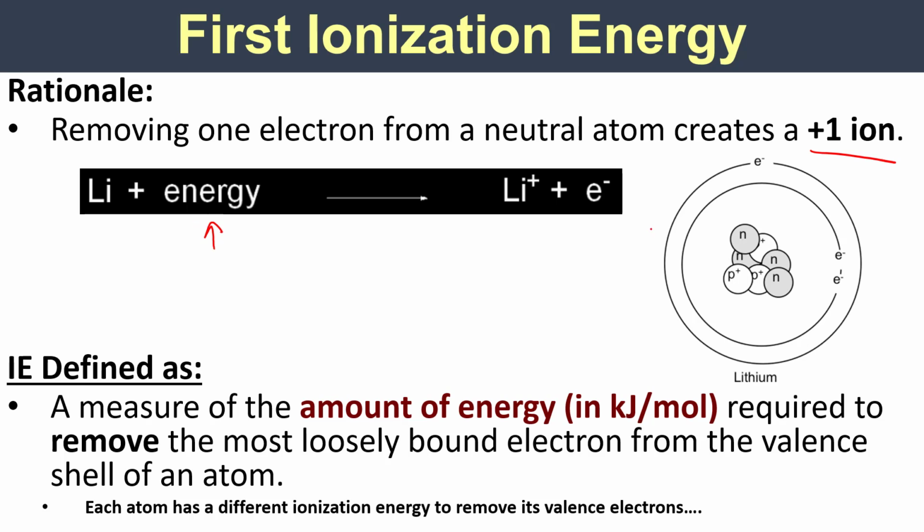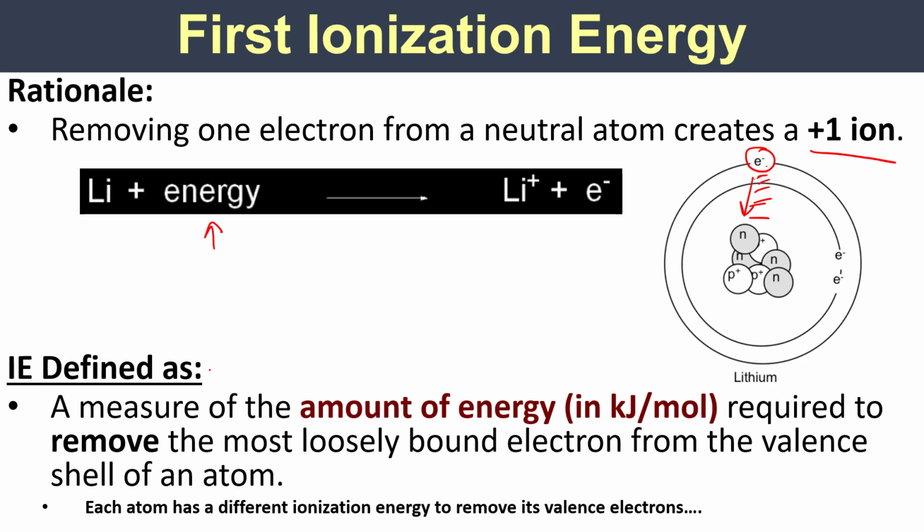And let's think about why for a second. If we are looking at this valence electron here, you have to understand that this electron is attracted to this nucleus that's here. And in theory, it doesn't want to be removed because it is being pulled towards the nucleus. So you have to overcome that force of attraction.